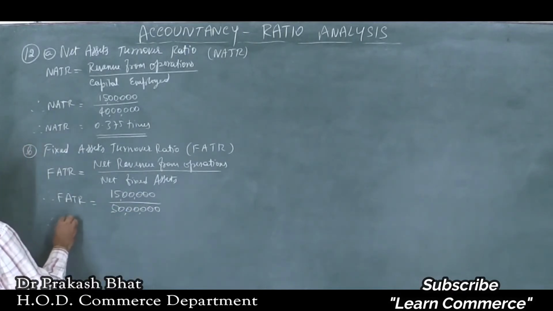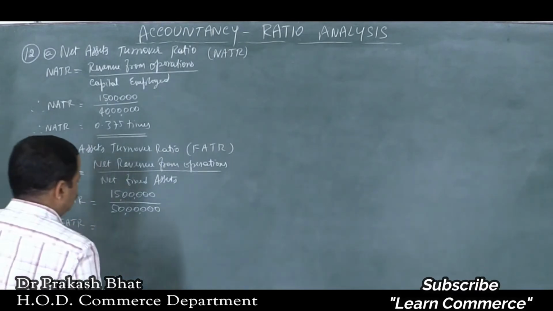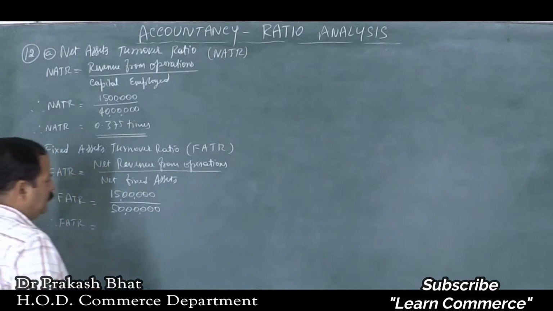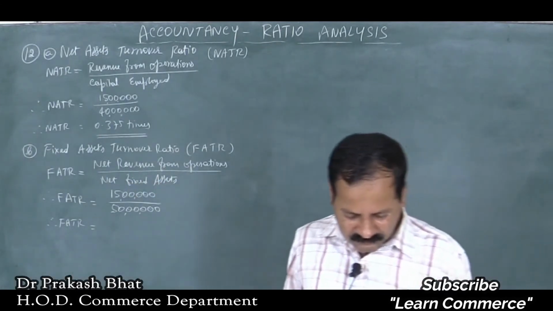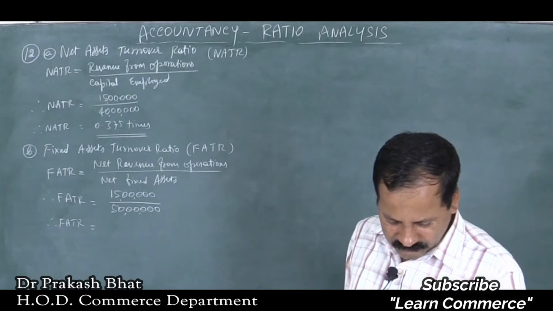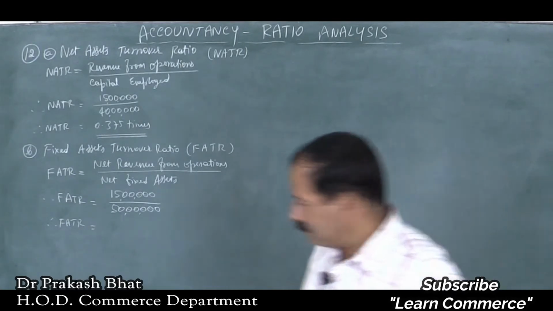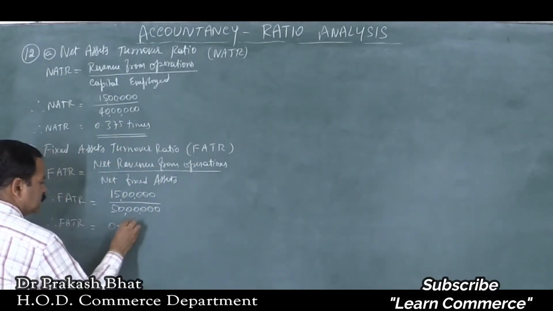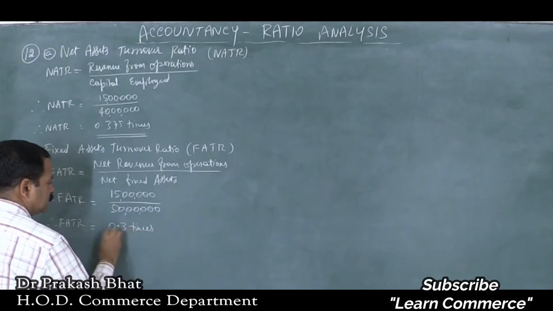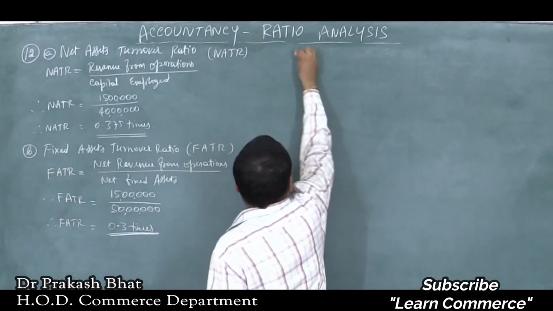Therefore, FATR is equal to 0.3 times. Yes, it is 0.3 times. Now, let us move on to the third one.